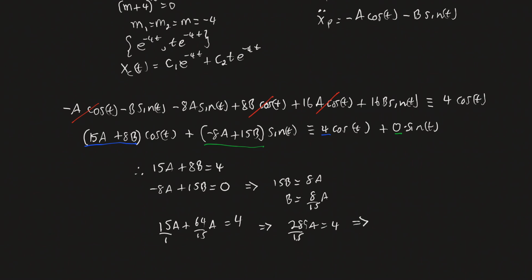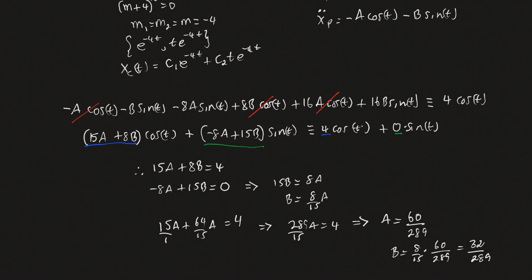So then multiply both sides by 15, divide both sides by 289, and you get that a is 60 over 289. And then if a is 60 over 289, plugging this in, multiplying by 8 over 15, b is 8 over 15 times 60 over 289, so that gives us 32 over 289.